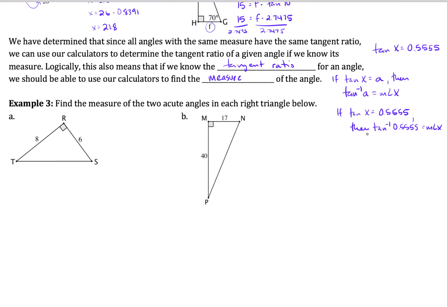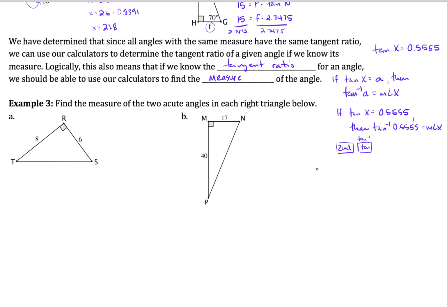So if I grab my calculator, the tangent inverse is usually found by pressing the second, or sometimes it's called the shift function, and then the tangent function, because right above the tangent function you'll usually see tangent -1 like that. So I'm going to grab my calculator and do second tangent 0.5555. So let me do that.